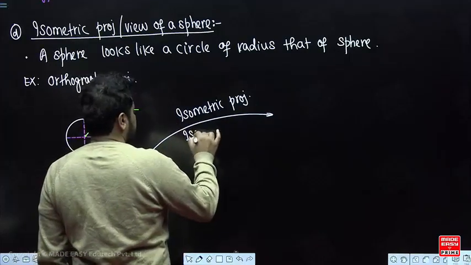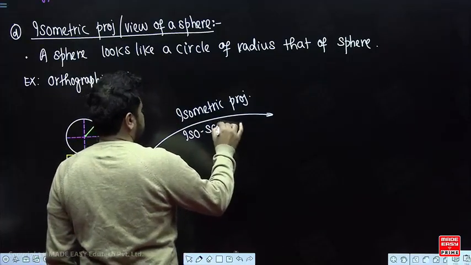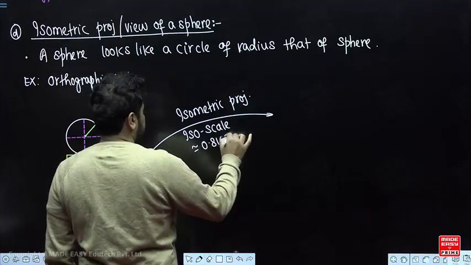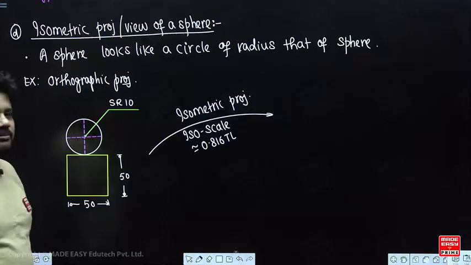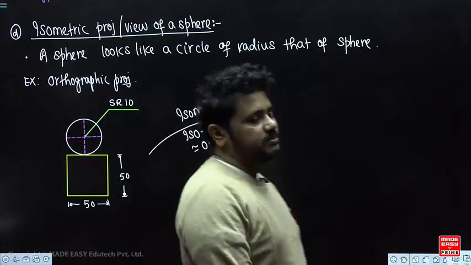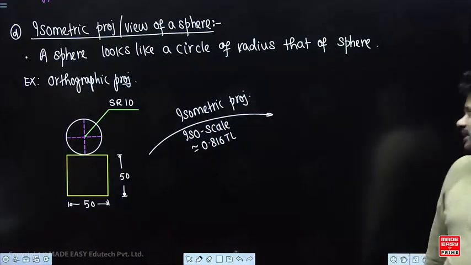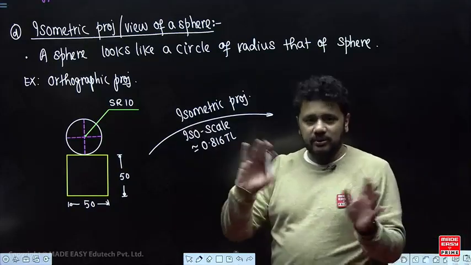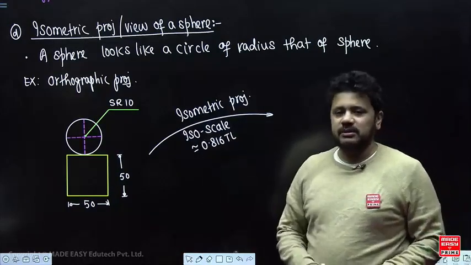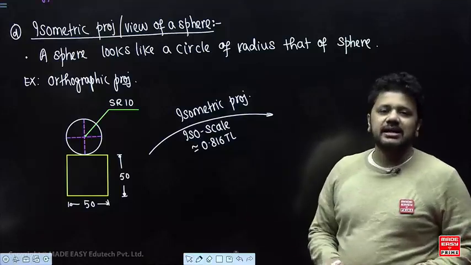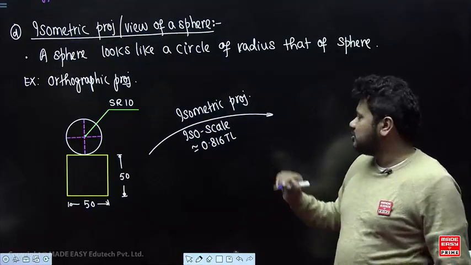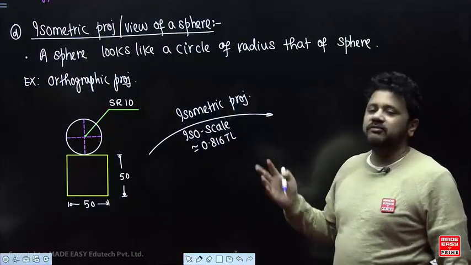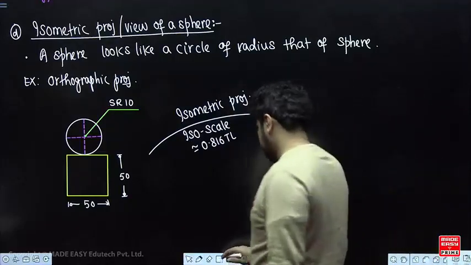In isometric projection, we use the iso scale. Iso scale means what? We use 0.816 times the true length. That means if anybody asks you what is isometric projection, not about the definition, according to this particular figure I am saying that we have to draw at isometric scale. What is the isometric scale? That means every length will be multiplied by a factor of 0.816, right?